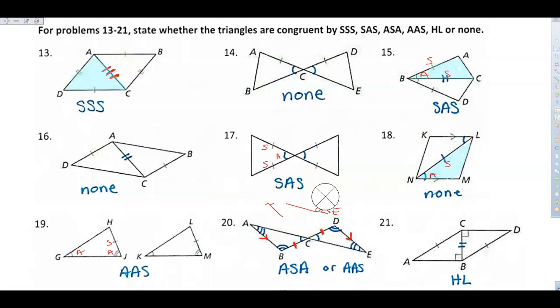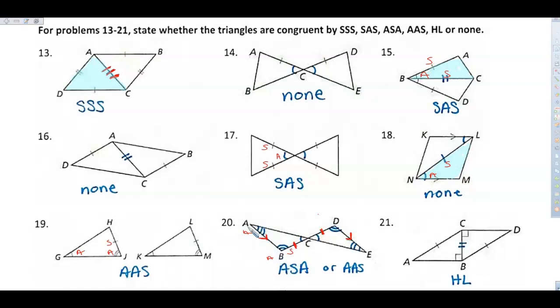I also, if I look at the other transversal, have a pair of alternate interior angles here, and that's B and D. So if I mark both pairs of alternate interiors, I have an angle and a side.